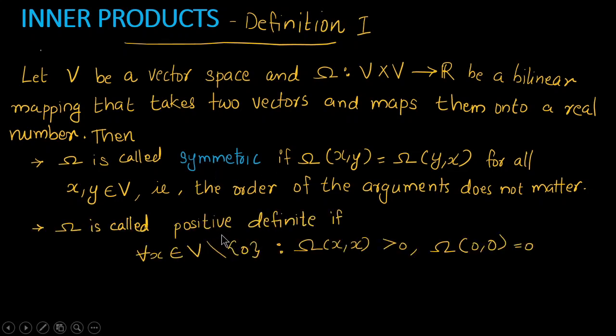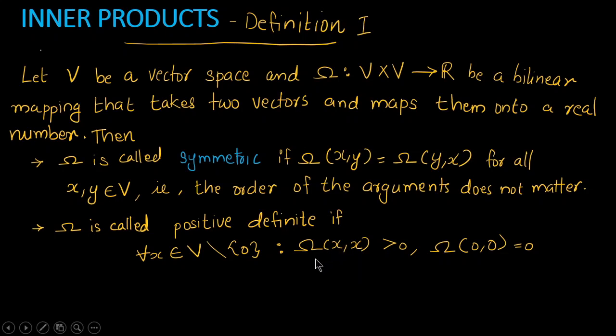Then ω is called positive definite if, for all x belonging to V minus {0}, that means we take the set V which excludes 0, we exclude the zero vector and take all the remaining non-zero vectors, such that ω(x, x) is greater than 0. And ω(0, 0) is equal to 0.